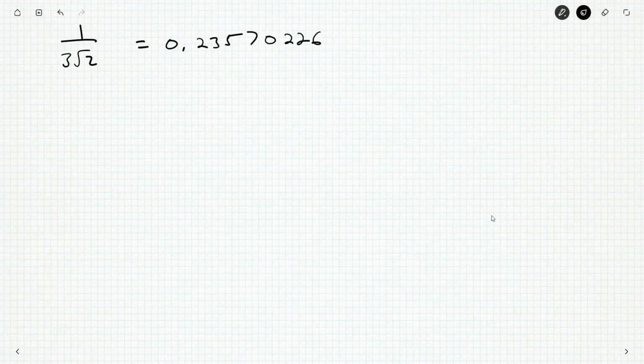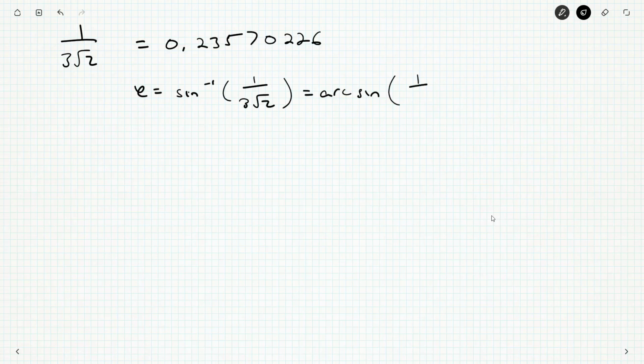Okay, I'm going to do arc sine of that, or sine to the minus 1 if you'd rather. So phi is sine to the minus 1. Another way to write that is arc sine. Yes, they both mean the same thing. Why do we have 2 different ways to write the same function? It depends on the context, how clear you want to be.